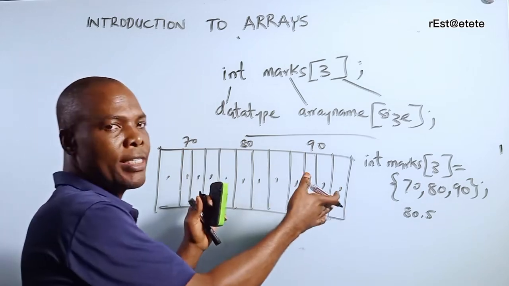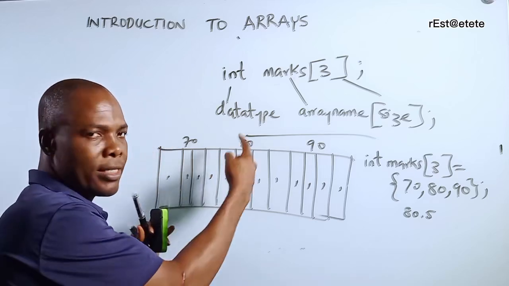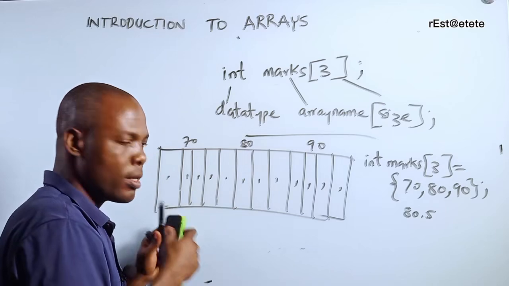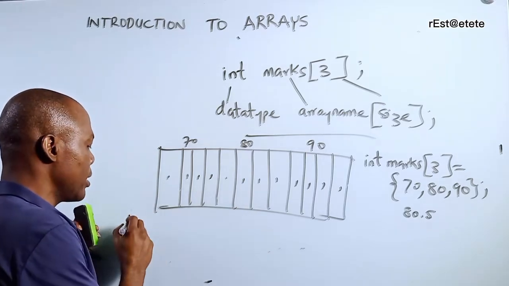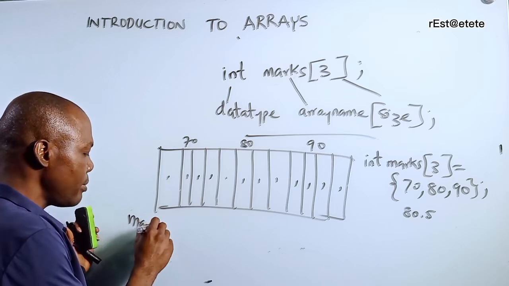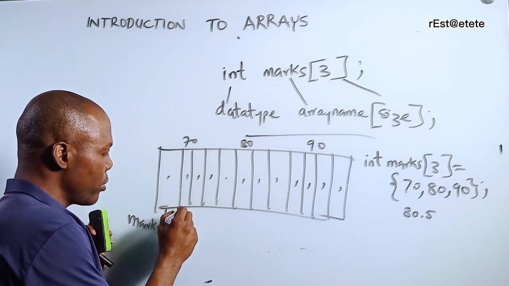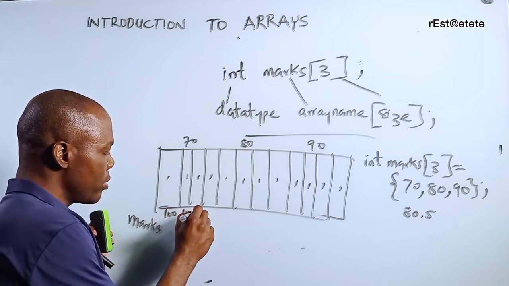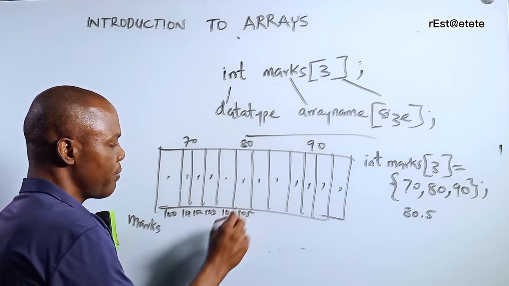Now, when I have this, it is easier for me to use a loop to access these values. I will just have my array name, in this case max. That is my array name. It has addresses like 101, 102, 103, 104, 105, like that.